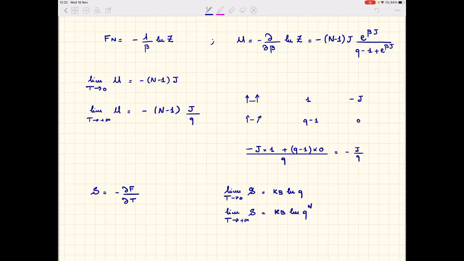How many total configurations does my system have? Q to the n, not Q to the n minus 1, right? Yes. So this is the total number of configurations. So you see, statistical mechanics is a tricky business because it's simple, but you have to think carefully. Every single time you do a calculation, you have to think carefully about what you're doing.